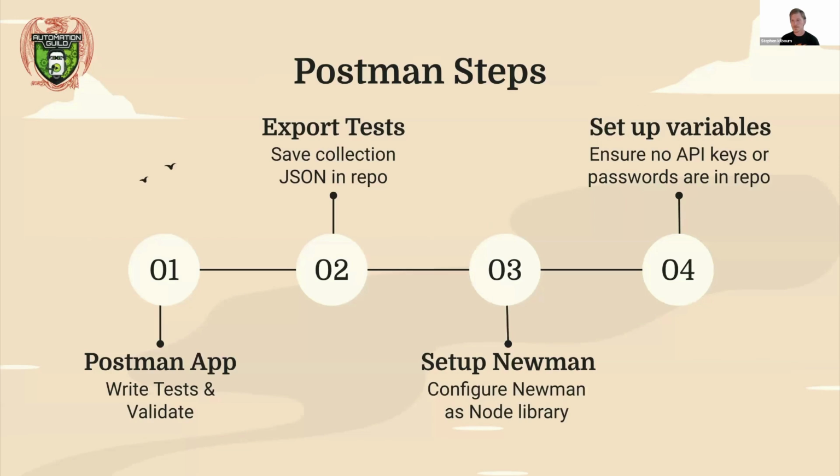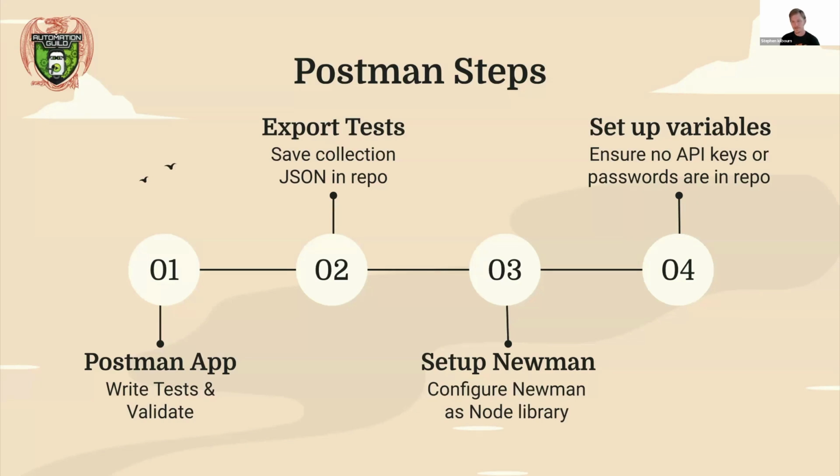So to see those steps, in Postman, you go into the app or your VS Code plugin, whatever you prefer, and you write your test and validate that everything's working the way you expect. Then you save those tests in what they call a collection, and you export it in a JSON format.